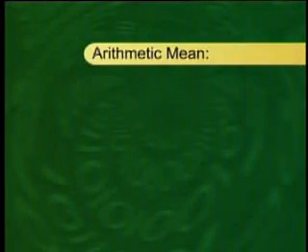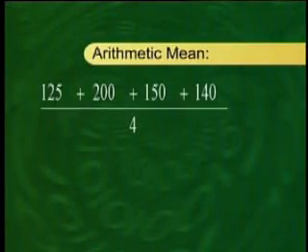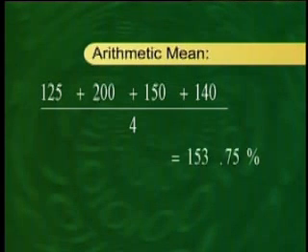If he finds the arithmetic mean, he will obtain 125 plus 200 plus 150 plus 140 divided by 4 equal to 153.75% as the average annual rate of turnover growth.